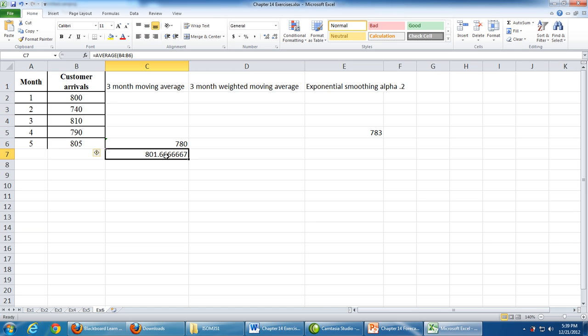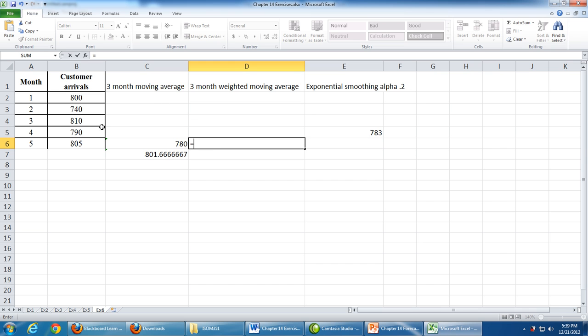Forecast for 6 will be the average of 5, 4, 3. For weighted moving average, we're going to choose 0.5, 0.3, 0.2. So we're going to grab period 4 times 0.5 plus period 3 times 0.3 plus period 2 times 0.2.